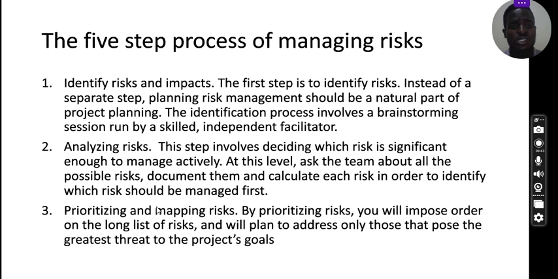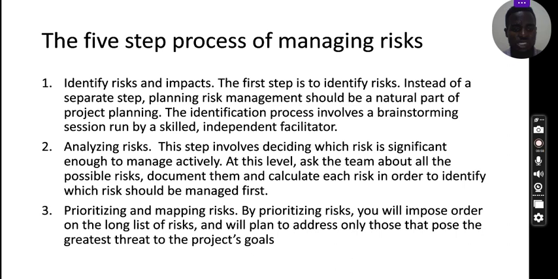Then prioritizing and mapping risks. After you have identified and analyzed the risk, you now prioritize, because there will be many. If you have come up with 10 risks that are possible, there is a possibility of 10 risks occurring, which one should we manage first? That is prioritizing and mapping risks.